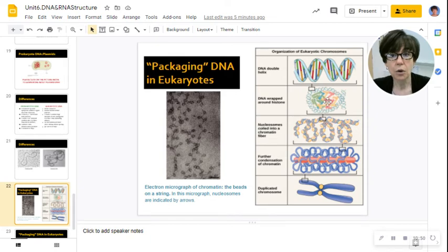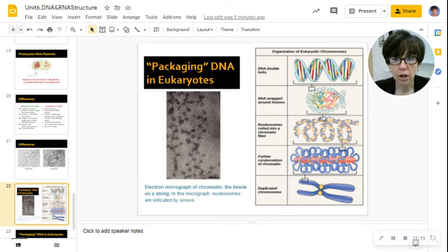These proteins on the inside are called histones. The DNA, the double helix, gets wrapped kind of like a spool of thread. Imagine the histone would be the spool of thread, and the DNA is the thread around that spool, that protein. That's how you can imagine this level here.